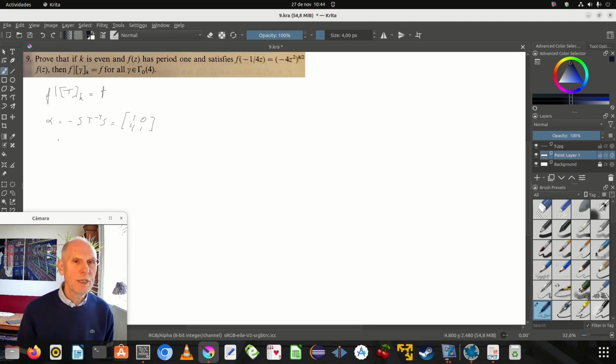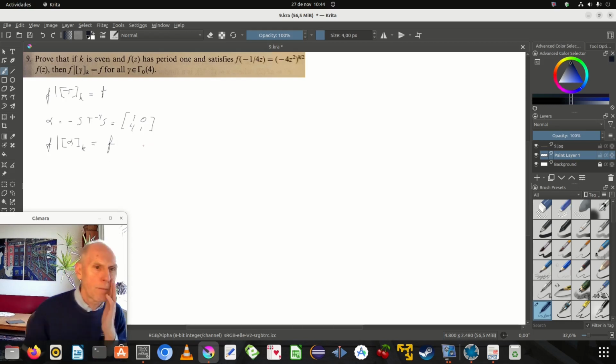So basically we need to show that operating with alpha, f is stable by that. They say k is even, that means it holds for minus unity.